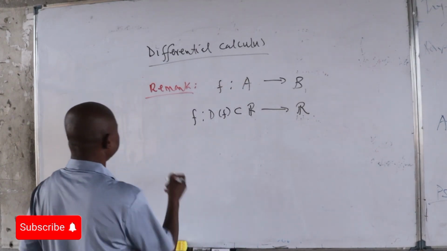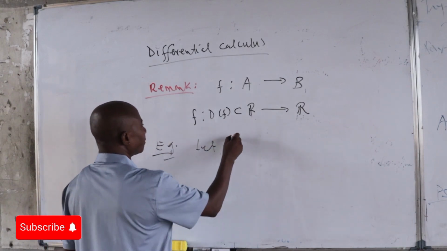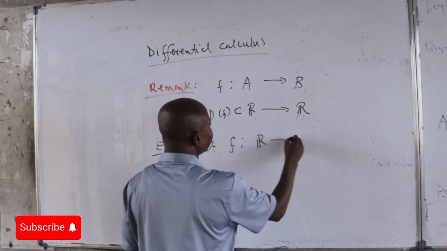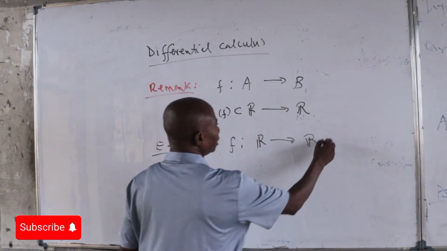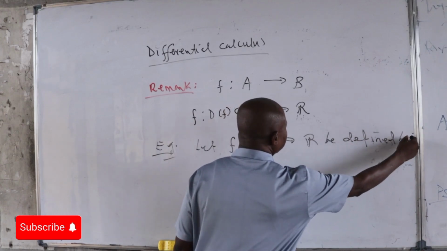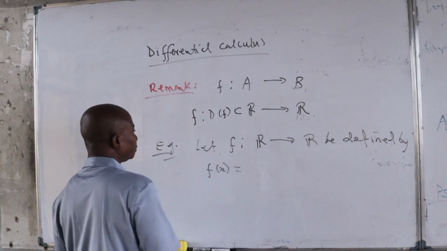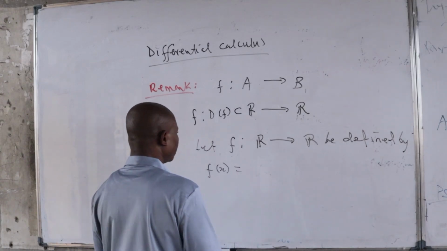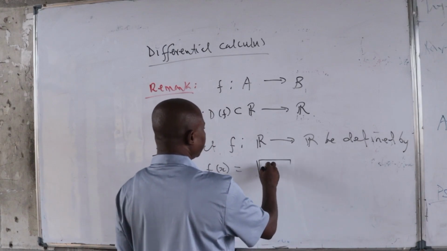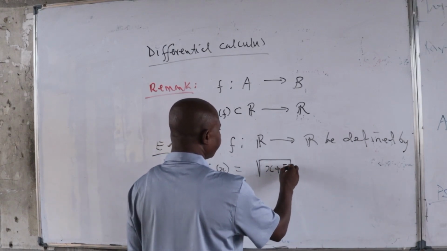For example, if we take f from R into R, let's define this as follows. f of x is equal to the square root of x plus 5.